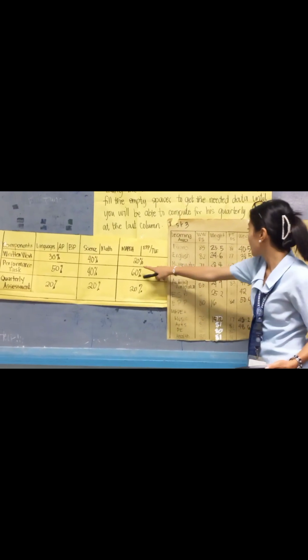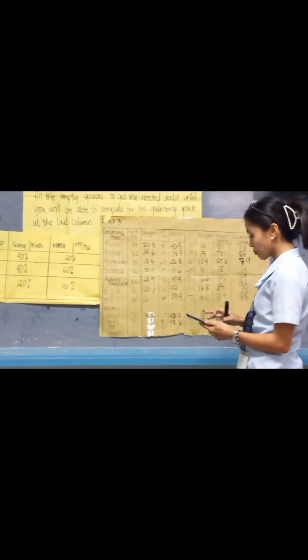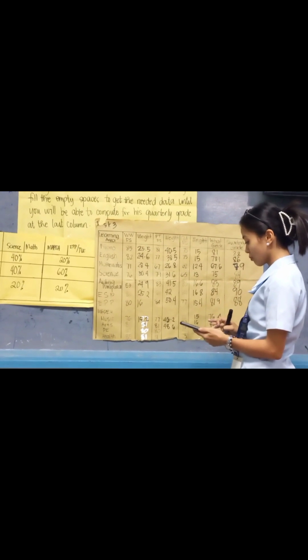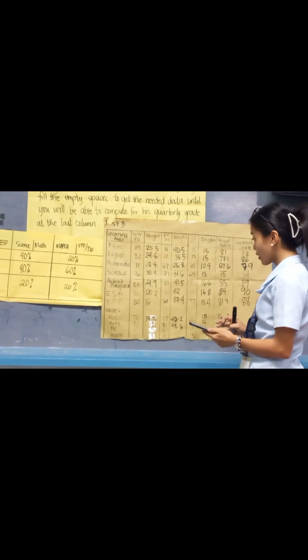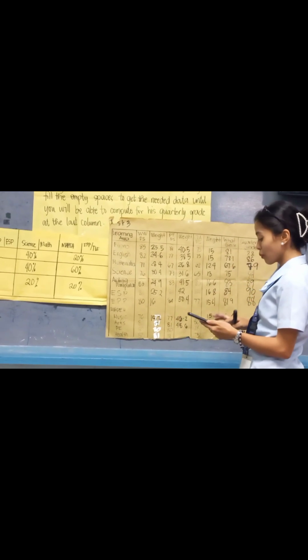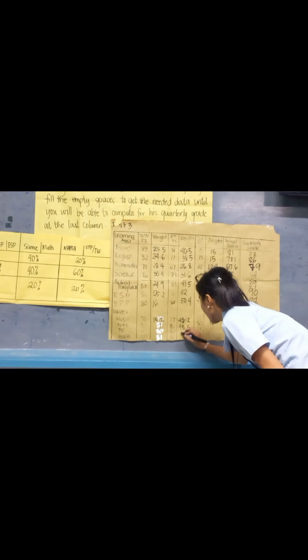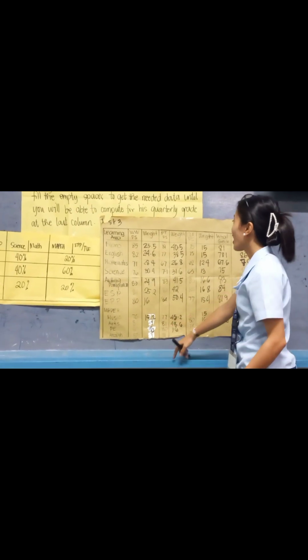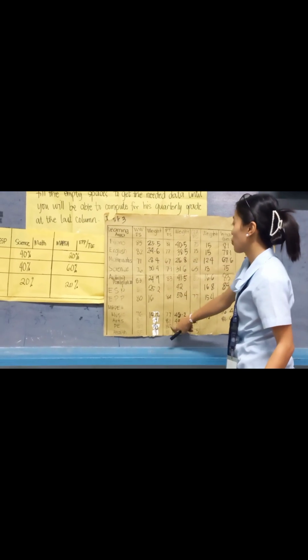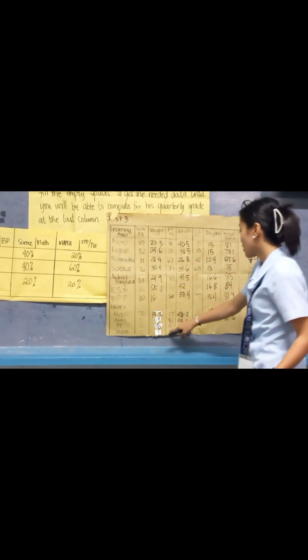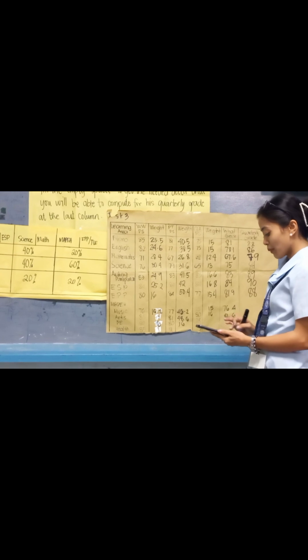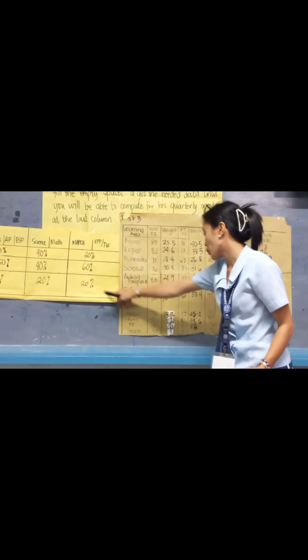So let's proceed to PE. 80 times 20%. Wait, 80 times 0.20 is 16. So here in performance task, we are going to multiply it by 60%. So 80 times 0.60 is 48. So here, quarterly assessment, we are going to multiply it by 20%.